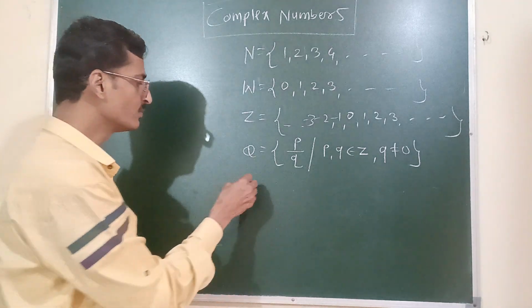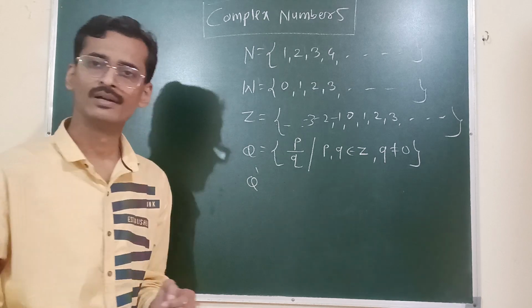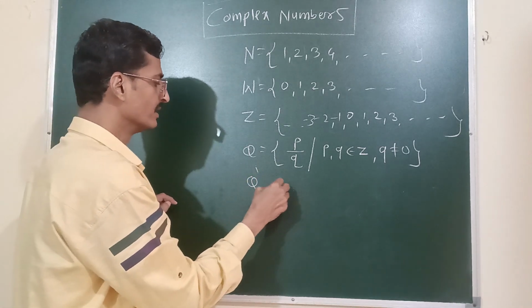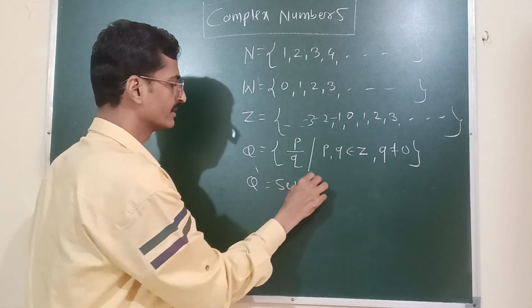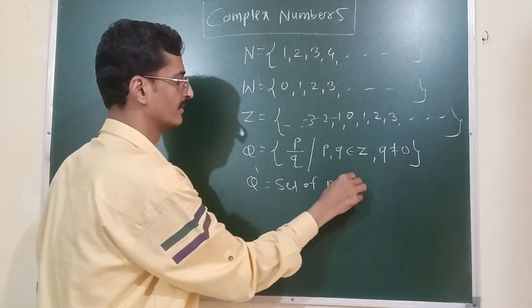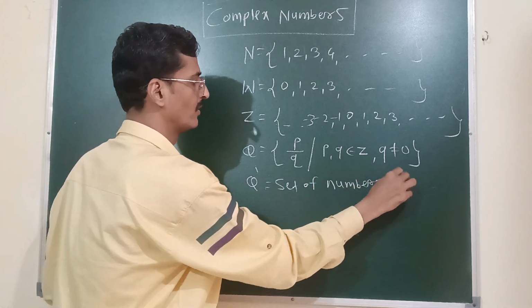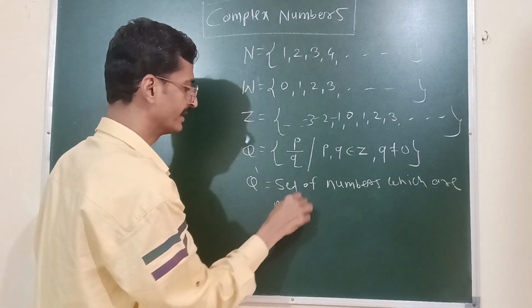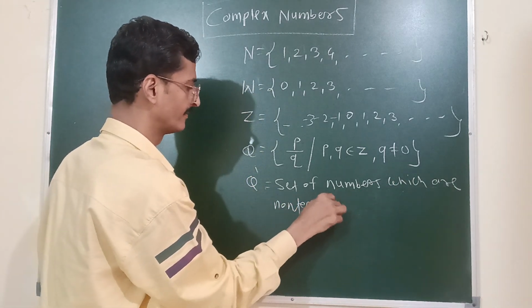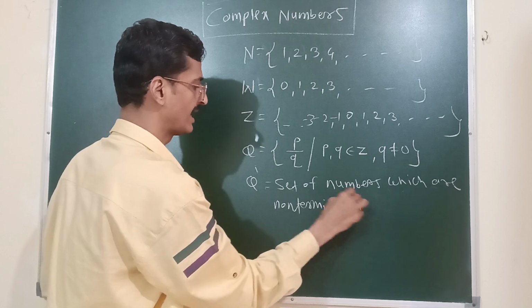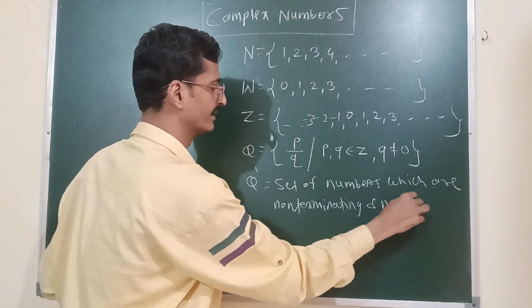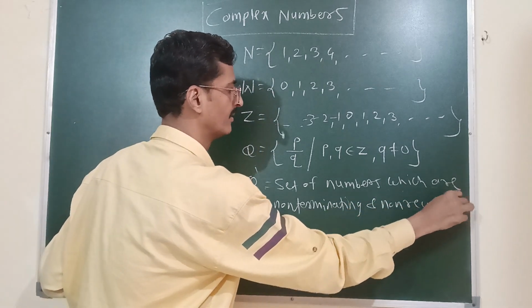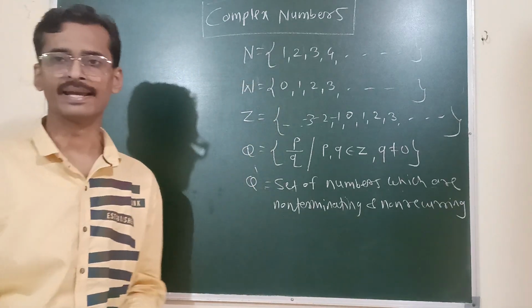Now, next is the irrational number. What are irrational numbers? A set of numbers which are non-terminating and non-recurring. Like pi.